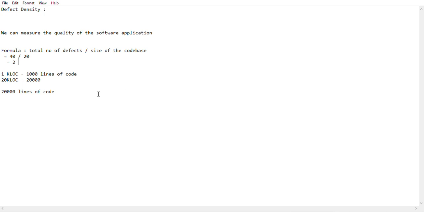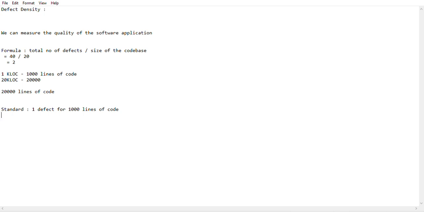Now if we consider what would be the standard, whether it is good or bad, the standard is one defect for 1,000 lines of code.